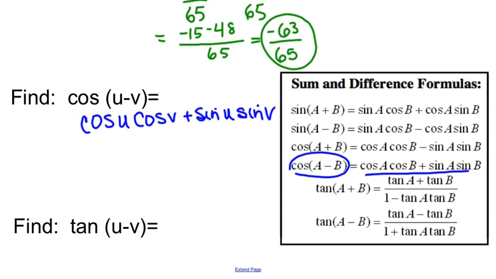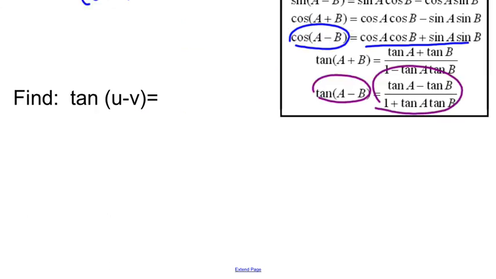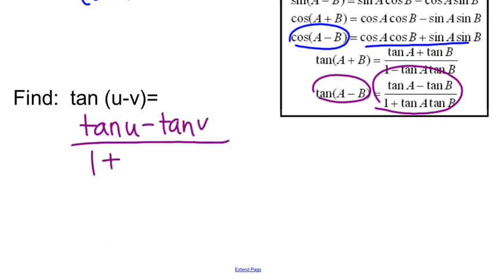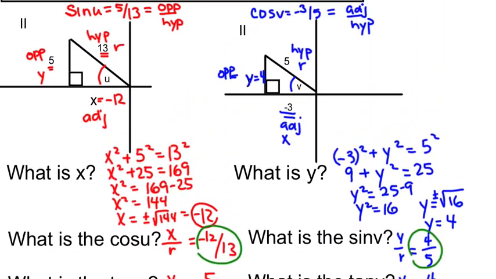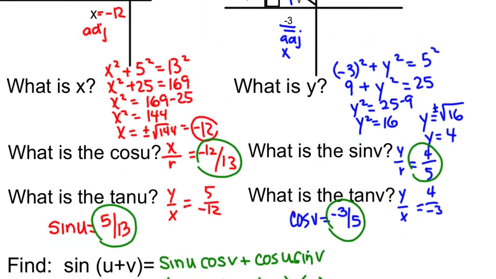And then for this last one, the tangent of u minus v, we'd use this formula. And then substitute those fractions in. So the tangent of u minus the tangent of v, all over 1 plus the tangent of u, tangent of v. And again, we found all of these pieces up in here.